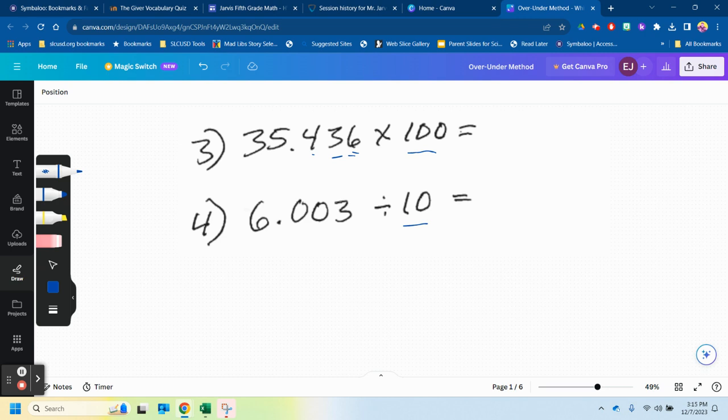Now we worked out some problems. We warmed up to this with 70 times 4 million.